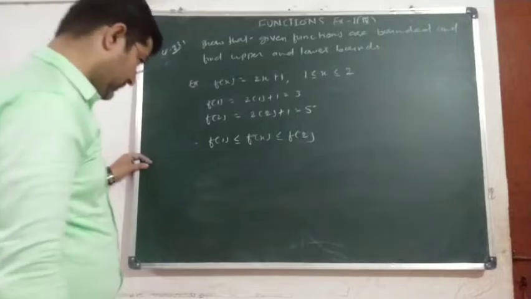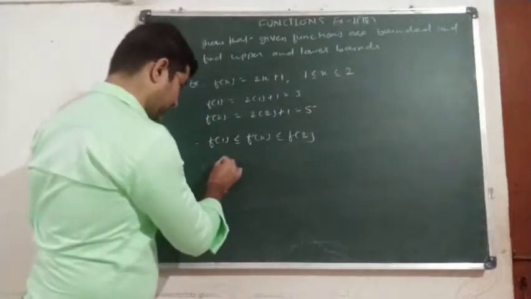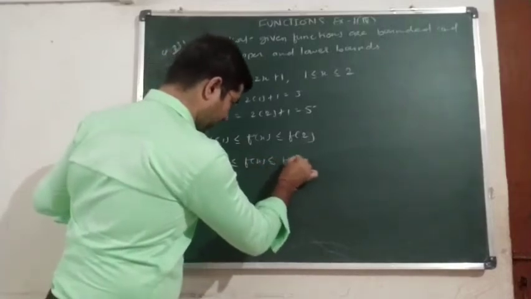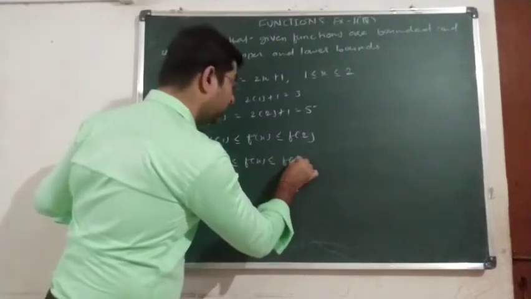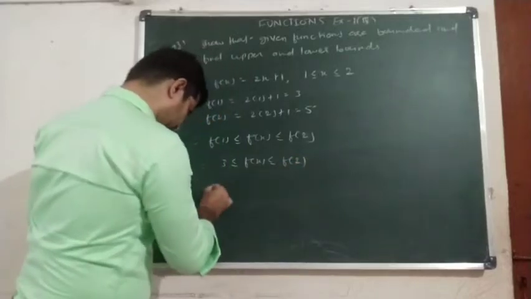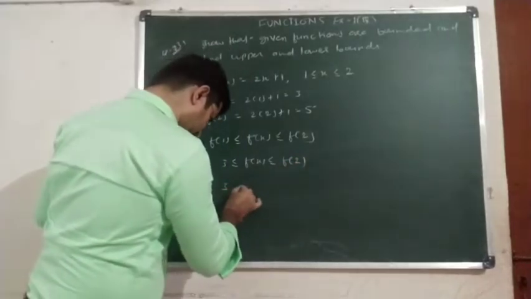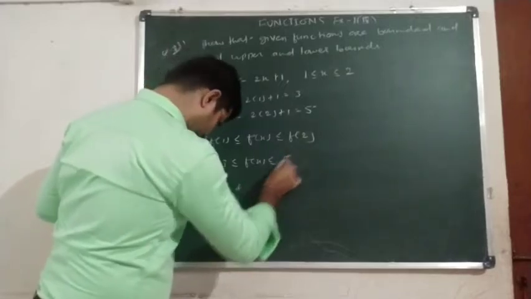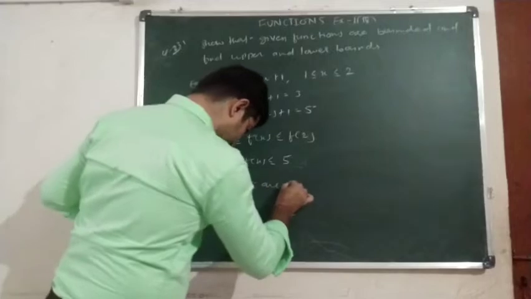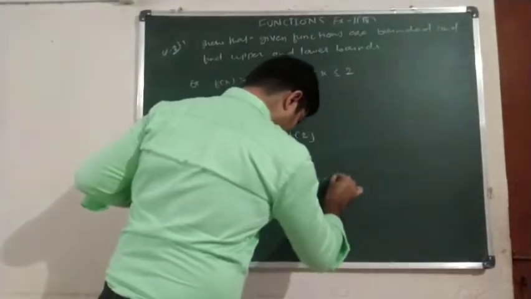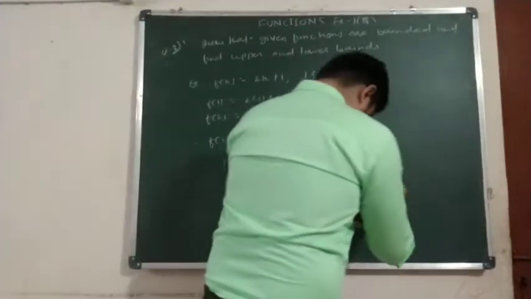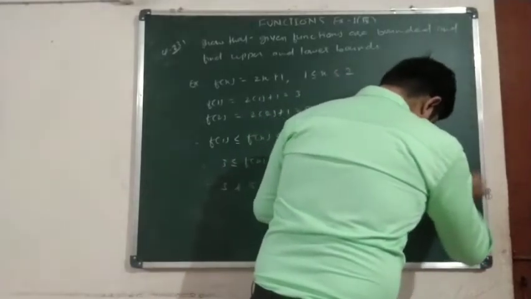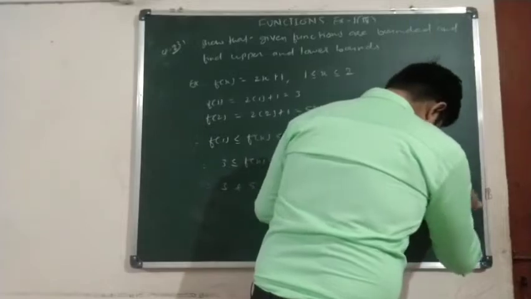Clear? Okay, and therefore f of 1 is 3 is less than or equal to f of x is less than or equal to f of 2, which is 5. So therefore 3 and 5 are respectively lower and upper bounds.